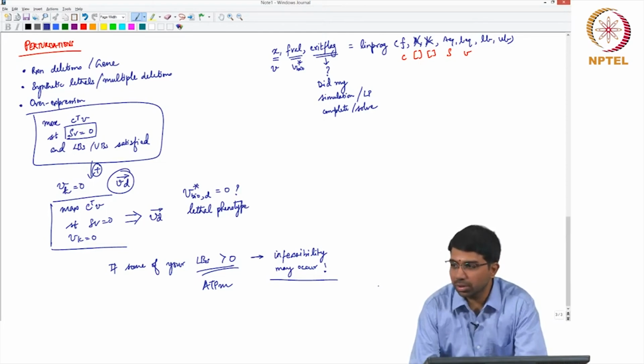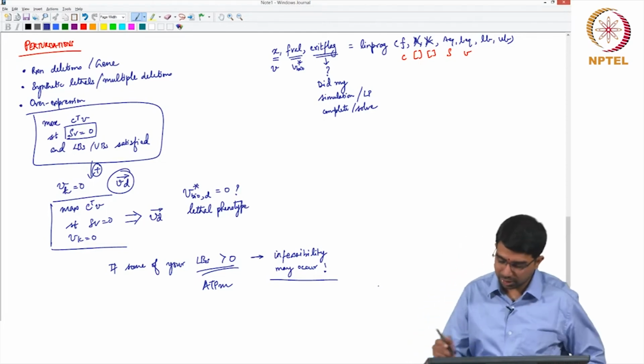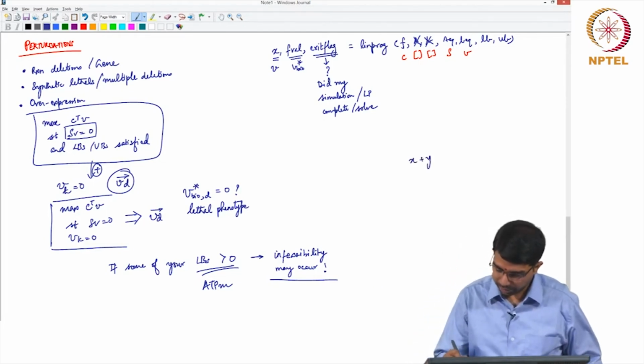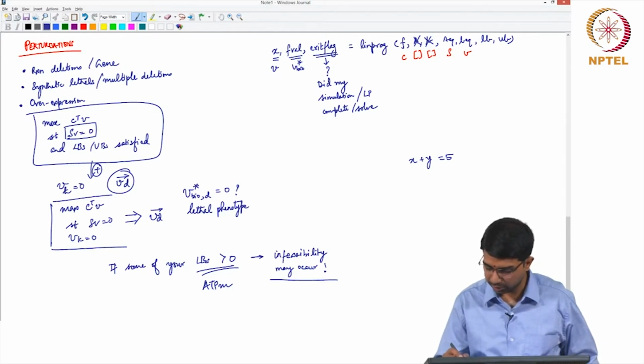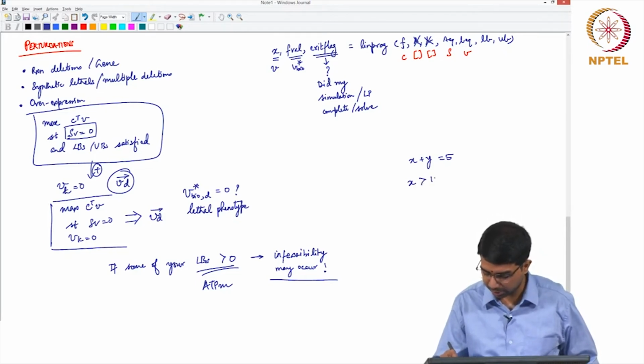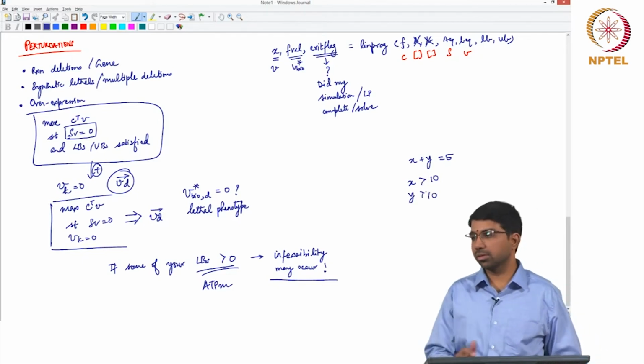There are scenarios where it is like saying solve x plus y equals 5 and give it some infeasible constraint, and you say that x greater than 10, y greater than 10. You can never solve this, you will get an infeasible solution.